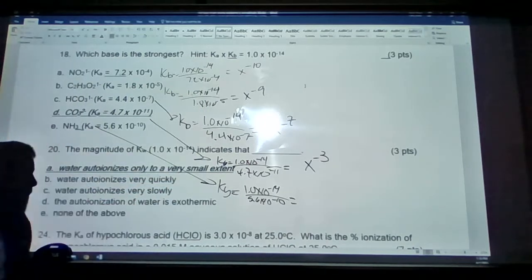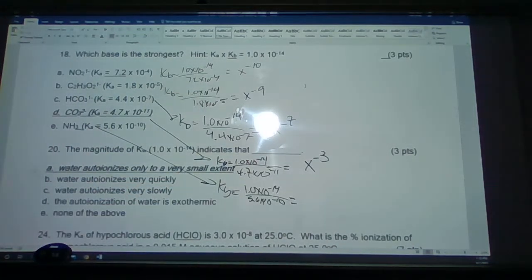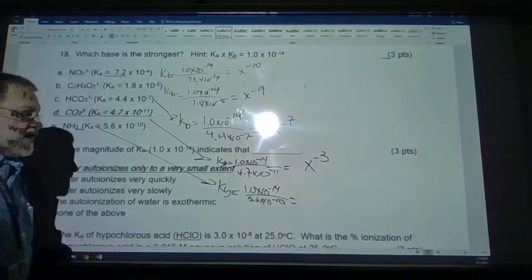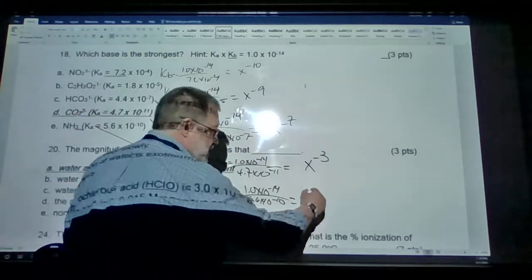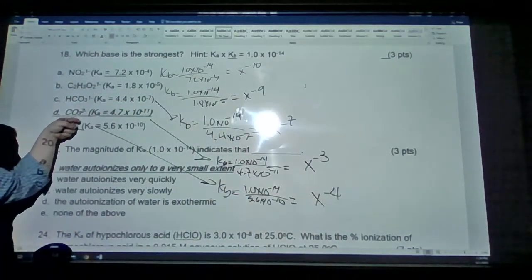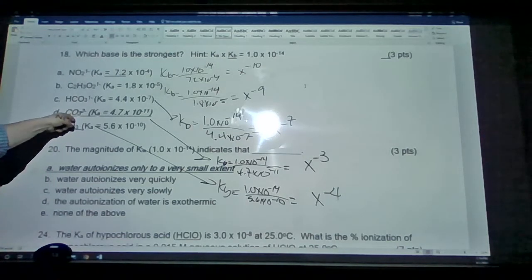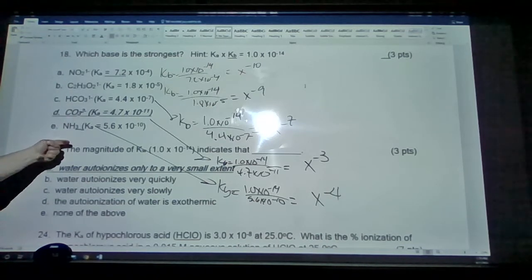The Kb for ammonia is 1.0 times 10 to the minus 14th divided by 5.6 times 10 to the minus 10th. Again, you subtract, minus 14 plus 10, you get some value times 10 to the minus 4. So of these values, the carbonate anion is the strongest base of all of these.